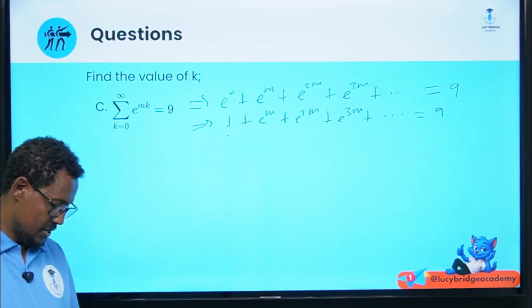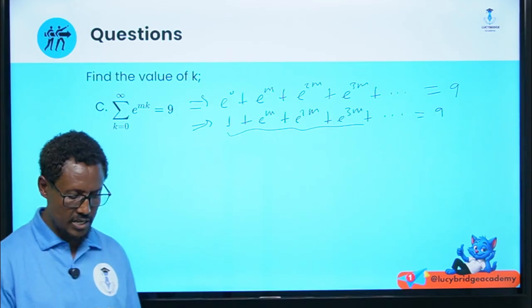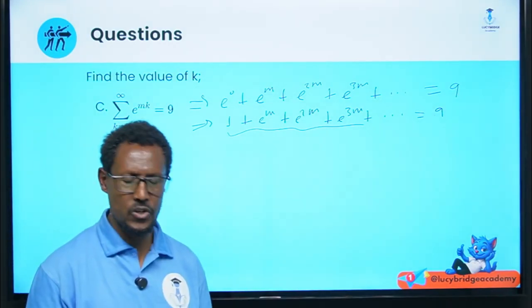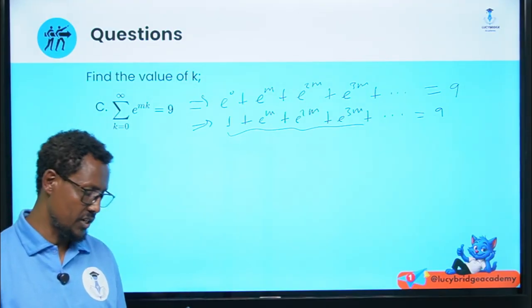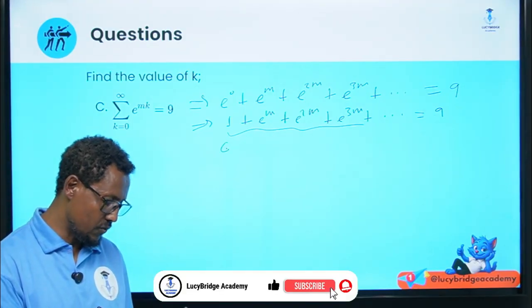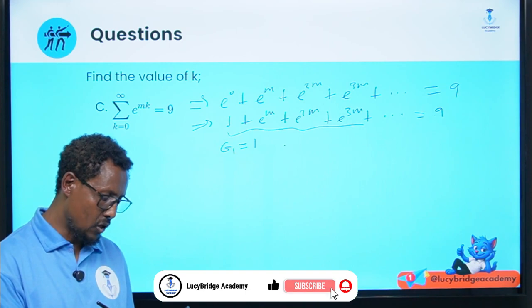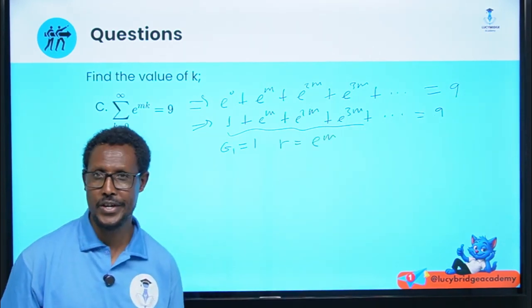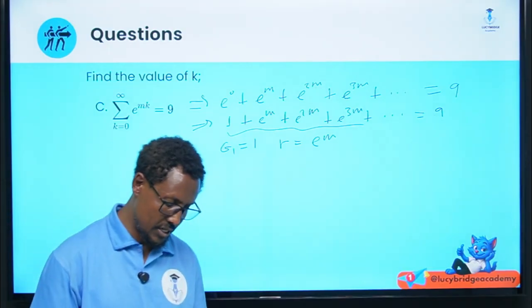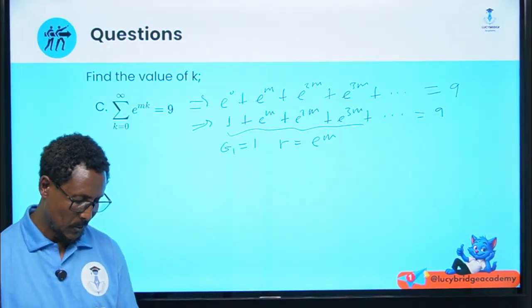Look, this series is again a geometric series. It is an infinite geometric series with g1 equal to 1 and common ratio r equal to e to the power m. You can check the common ratio is e to the power m.